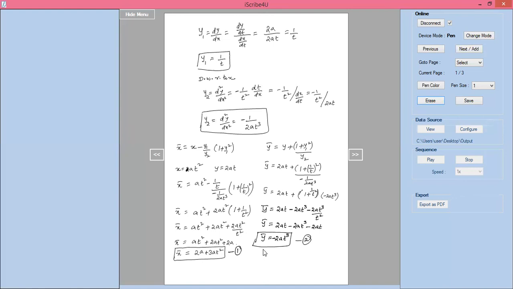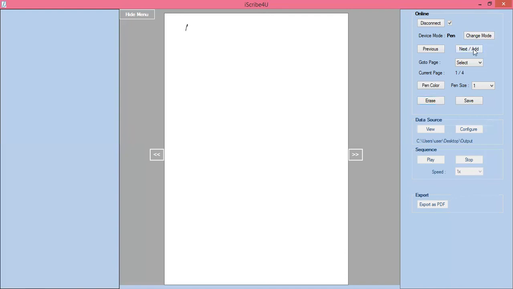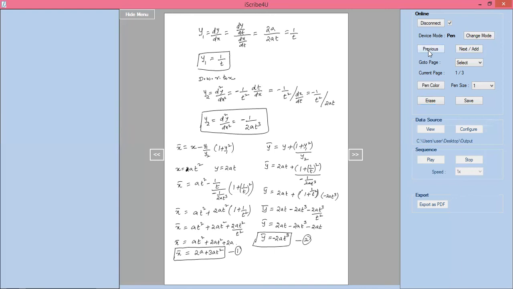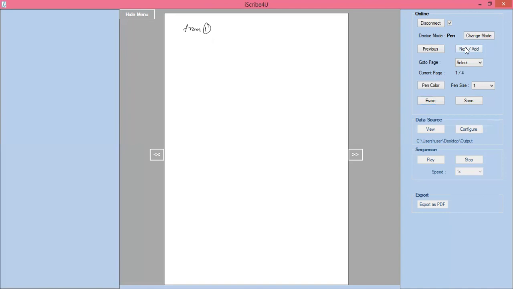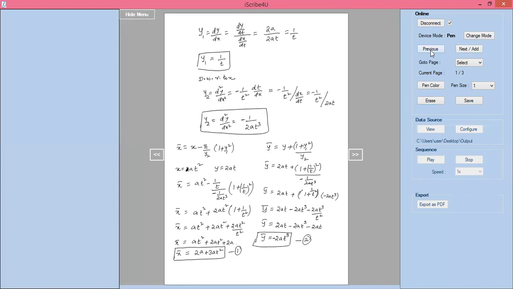Now from equation 1, I'll write x bar equals 2a plus 3a t square, x bar minus 2a divided by 3a equals t square.